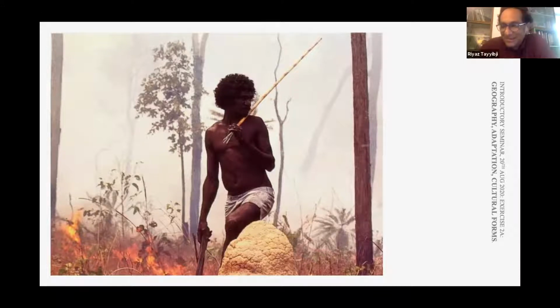There is a kind of sense that somehow people from a very long time ago were innocent, and that there is this idea of the noble savage. But in some ways, the forest dweller was also engaging in adapting to an environment. Here is an Adivasi who is burning parts of the forest for many reasons.